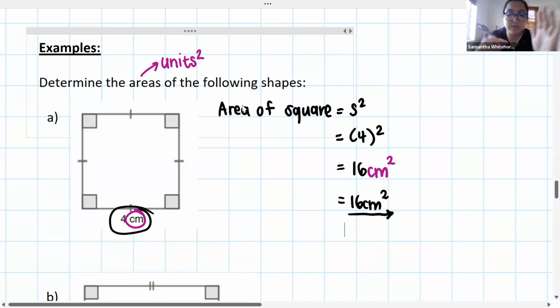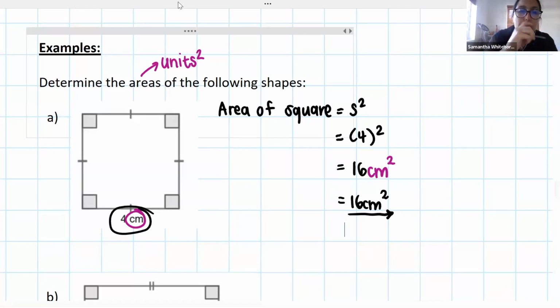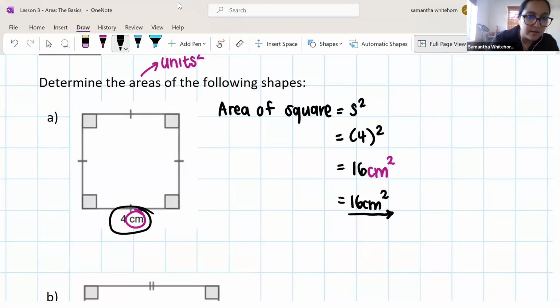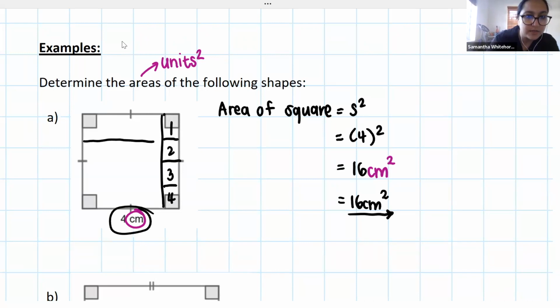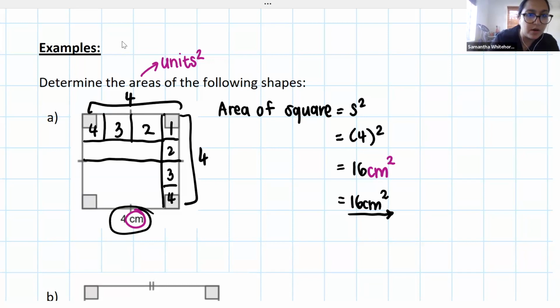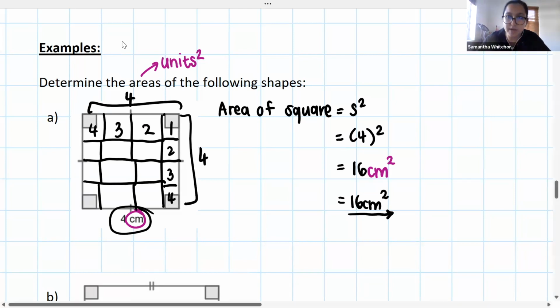Now, basically what this means is that if we take the side length, let me try to do this as well as I can, and I break it up into 4 blocks, and I take the top side length and break it up into 4 blocks, 4 times 4, and then I fill in all of my blocks, that will give me 16 squares, so 16 centimeters squared, that take up the area of my square.